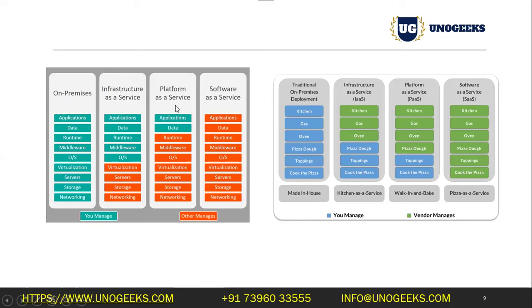Same thing in platform as a service: application and data we will manage, the rest will be managed by the service provider. Software as a service: everything will be managed by the service provider. Here we have a few examples of these things.